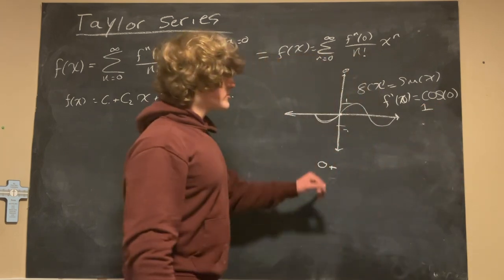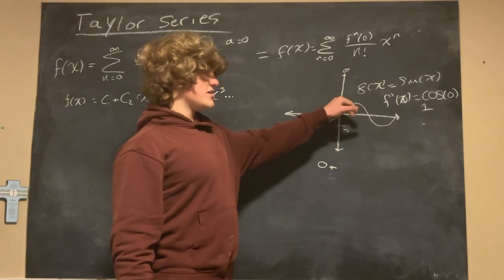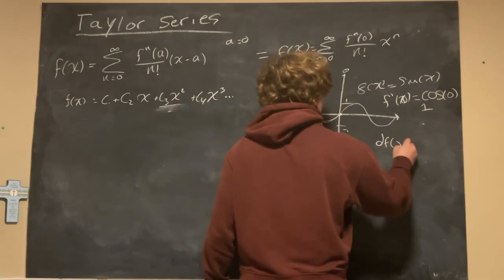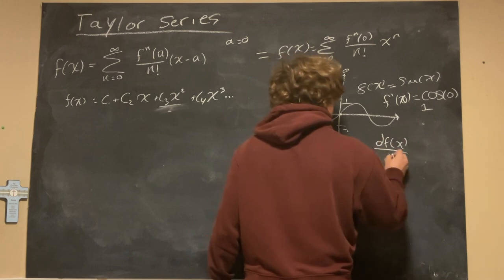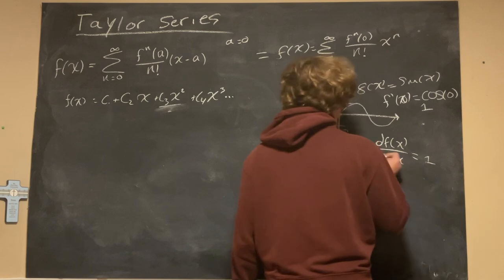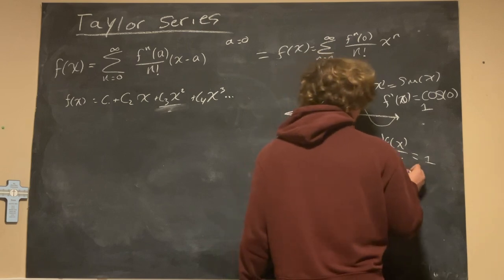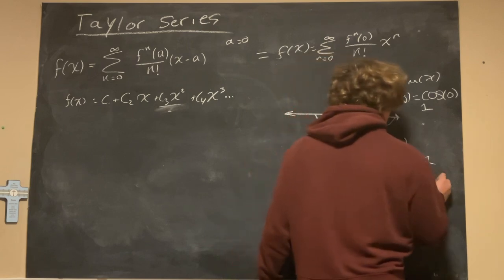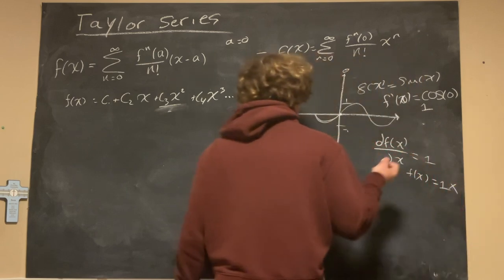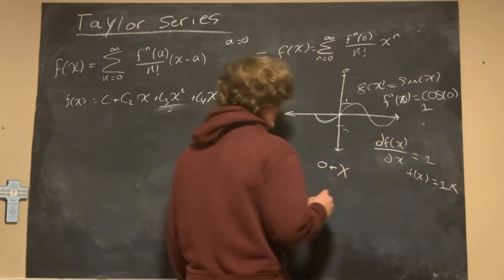So we want the derivative of our function to equal 1 at this point. So we have df of x divided by dx is equal to 1. So when you integrate this, you get that f of x is equal to 1x. So we are going to add x right here.